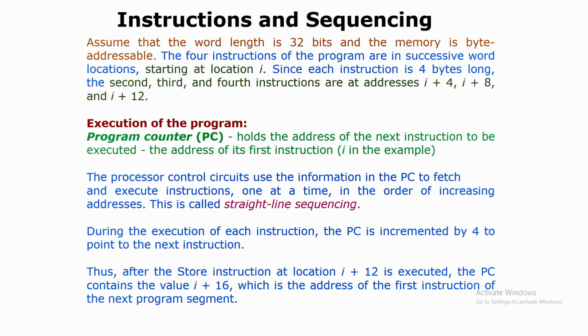The next thing we are going to see is instruction sequencing. Here the processor executes instructions in a sequential manner under the control of the program counter. The program counter maintains the sequential order in which instructions are executed by the processor.